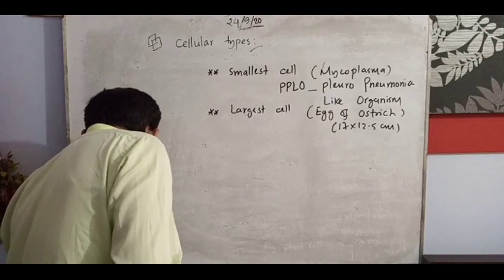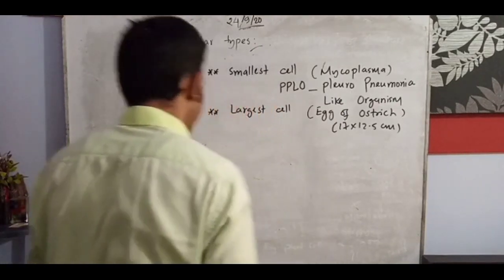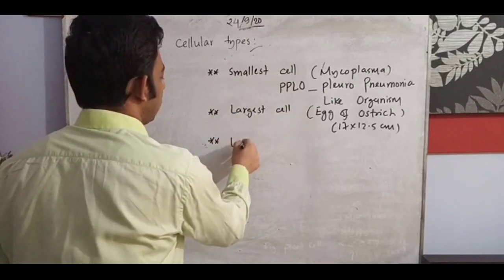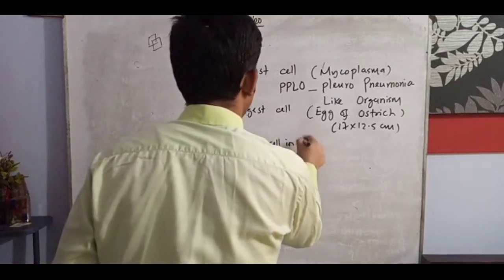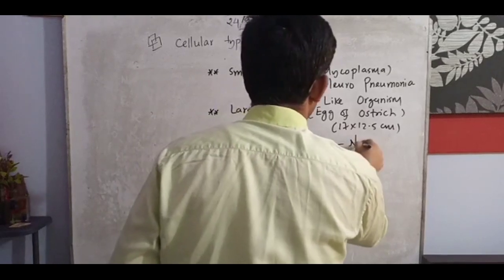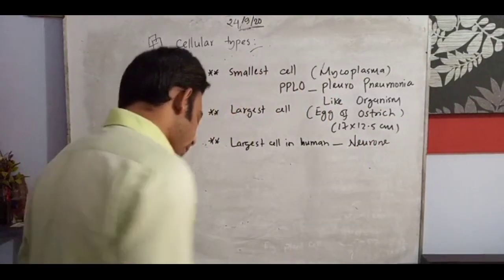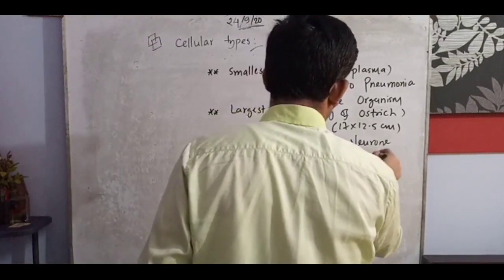Then we can write the largest cell in the human body. It is the neuron. There is no confusion about that: neuron, and it is almost 1.37 meters long.